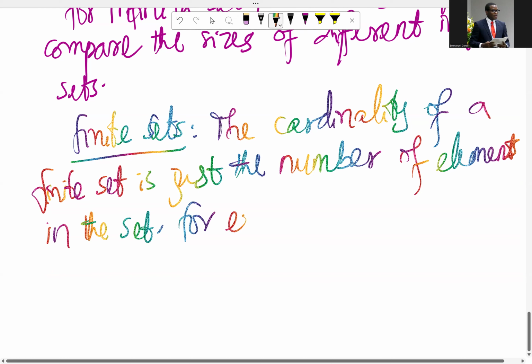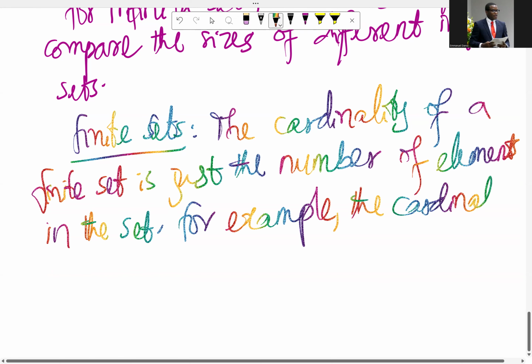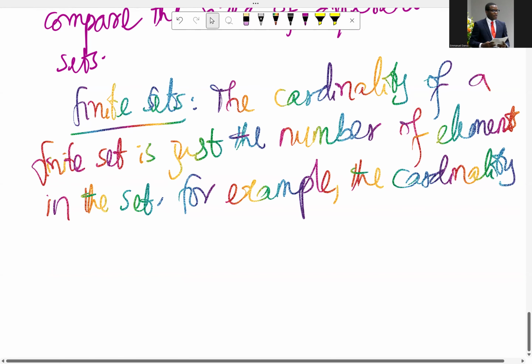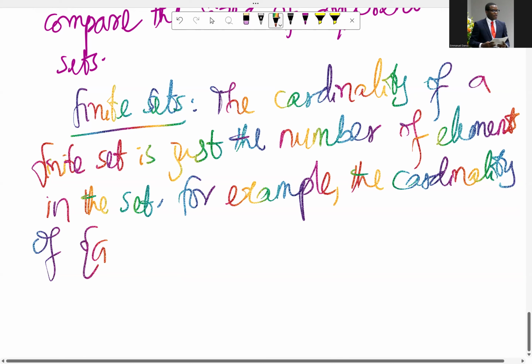For example, the cardinality of the set A, B, C is simply 3, because that's 3 elements and that's all. So that's for finite sets.